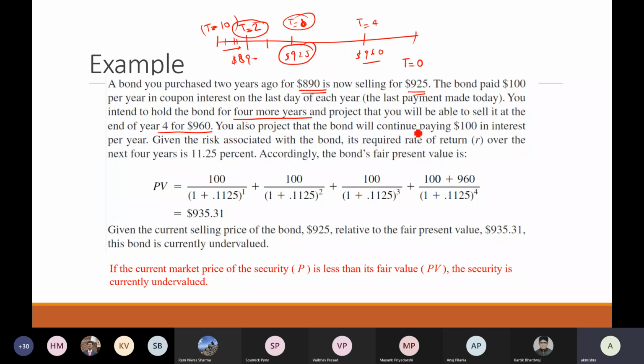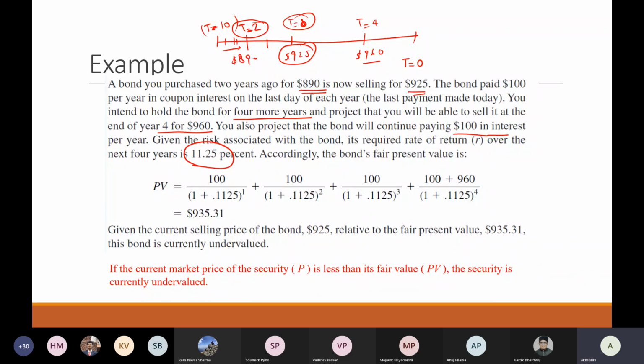You also project that the bond will continue to pay this interest, given the risk associated with the bond. The required rate of return is assumed to be 11.25%. So what should be the bond's true price or fair price? Why are we calling it fair price or true price?